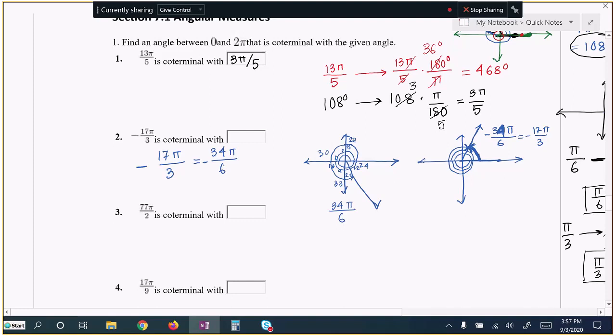The question will be, what is the measure of this angle? To answer it, it should not be very hard. This one was only one count. I had 33 here, this is 34, so this is only one count of pi over 6. So how many pi over 6 do I have in this? That will be 2 pi over 6, which is pi over 3. Hence, the coterminal angle is going to be pi over 3.